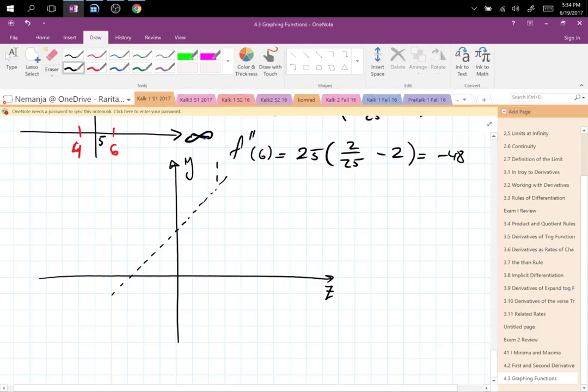Yeah, they're intersecting. Good. So that's where the 5 is. That's where the 2.